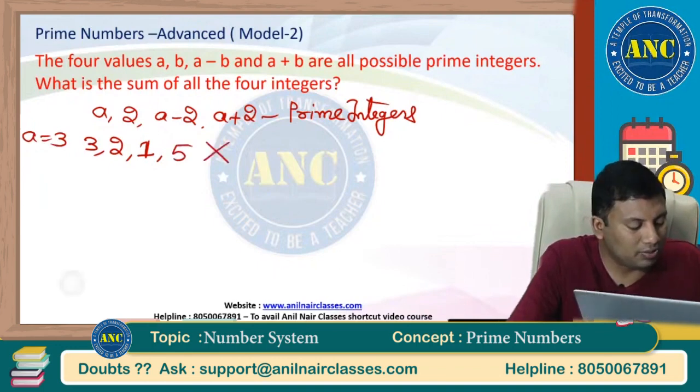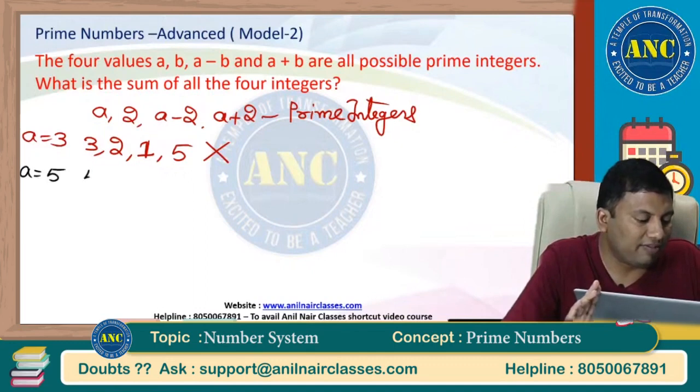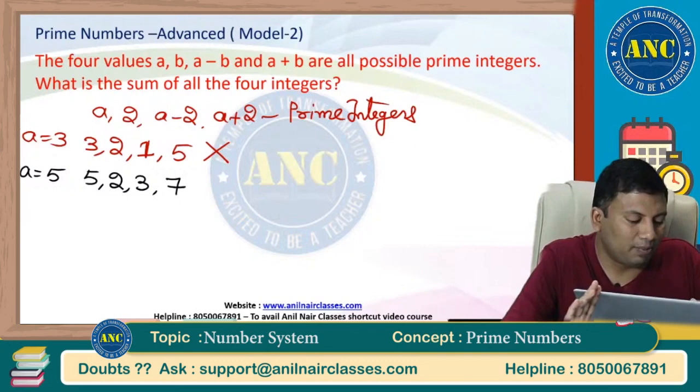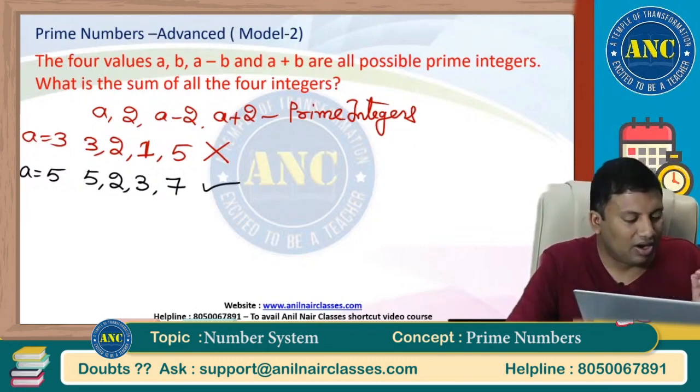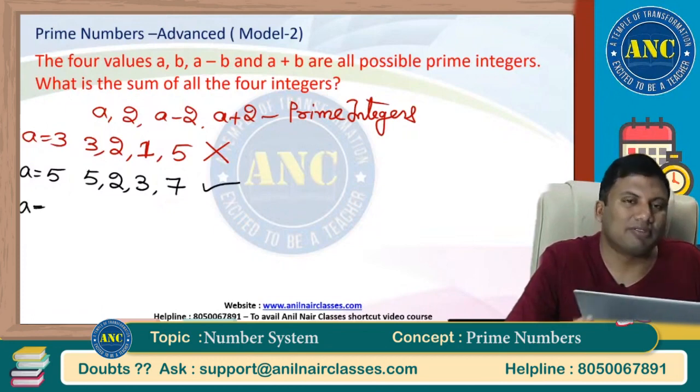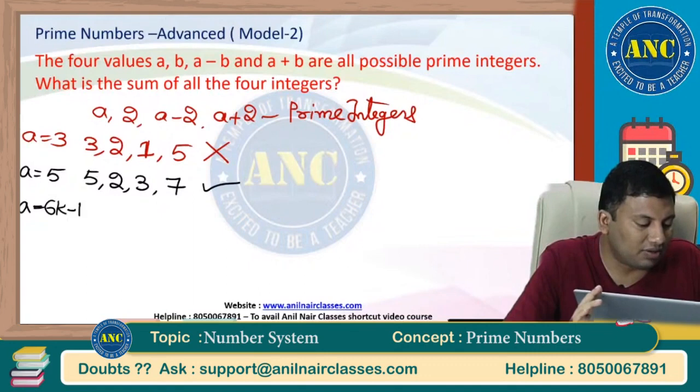These are not possible, as 1 is neither prime nor composite. Let me take 5: 5, 2, 5 minus 2 is 3, 5 plus 2 is 7. 5, 2, 3, 7 are all prime numbers. 5 is of the form 6k minus 1. Let me take other numbers which are of the form 6k minus 1.